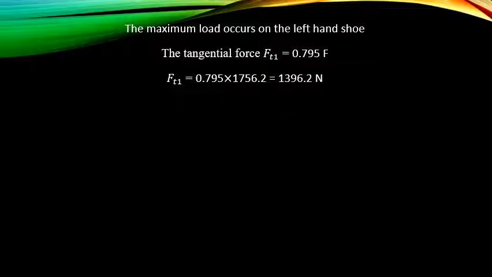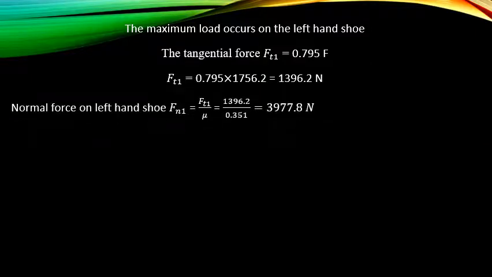That will be 1396.2 newtons. Now we can find out the normal force on the left hand shoe as Fn1 is equal to Ft1 divided by mu. That is, we get the value of Fn1 as 3977.8 newtons.